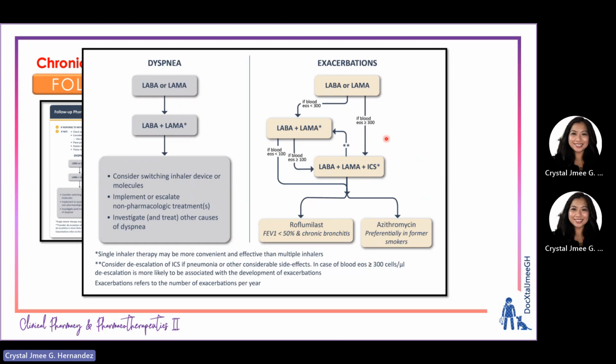And also, if the patient is a former smoker, we could consider azithromycin. Okay, so just a note on these levels. When we say exacerbation, they refer to the number of exacerbations per year.